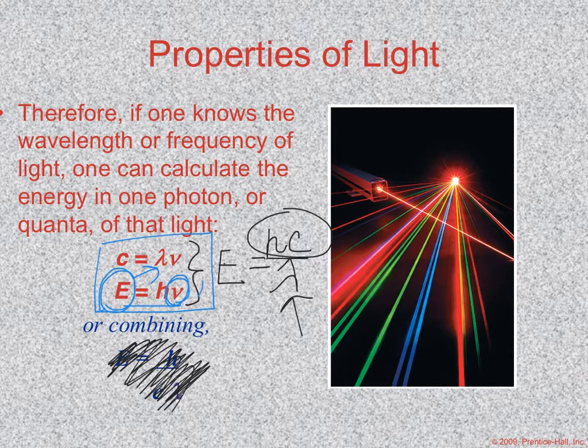Then you could plug frequency into the second equation and solve for wavelength. Or if you happen to remember this combined equation, you could solve for wavelength directly in one step if you knew energy. So you definitely have to commit these first two equations to memory, but a lot of people like to also remember this combined equation.